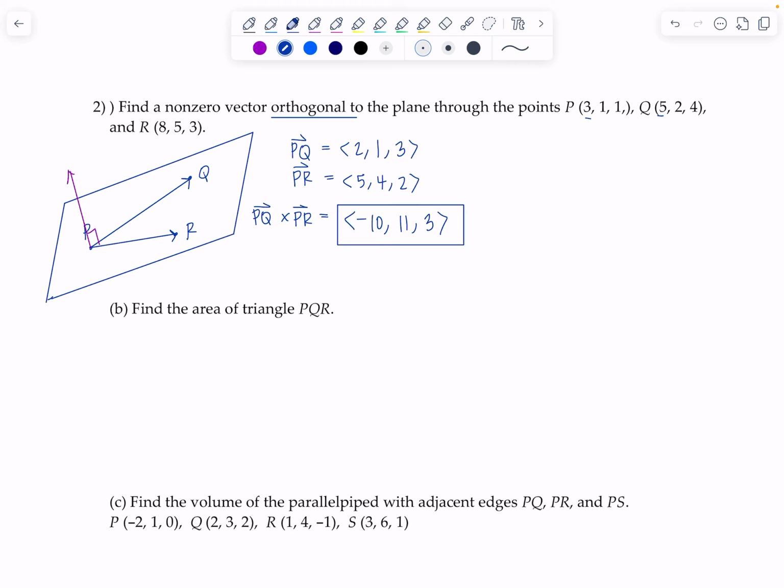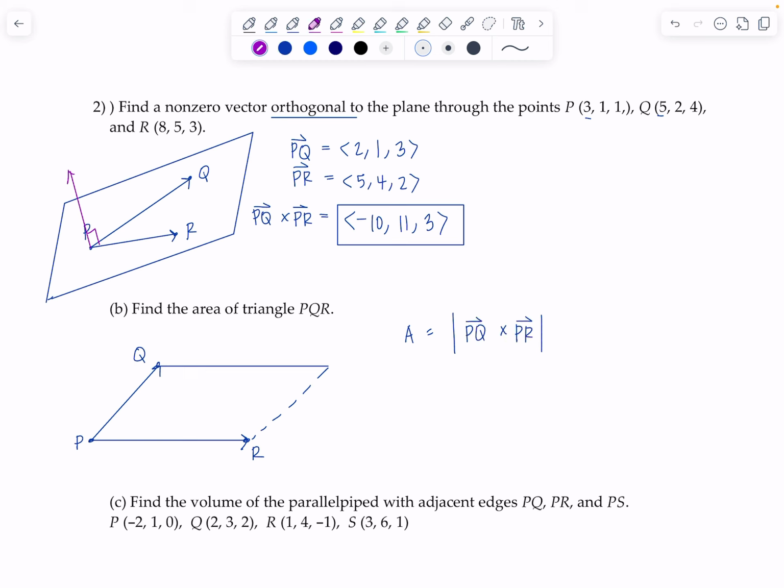Okay. Now it asks for us to find the area of triangle PQR. Now here's the thing. I'm just going to draw this as a two-dimensional picture. So here's P, here's Q, here's P, here's R. And we know that these vectors define a parallelogram, and the area of the parallelogram is the magnitude of the cross product of the two vectors that define that parallelogram.